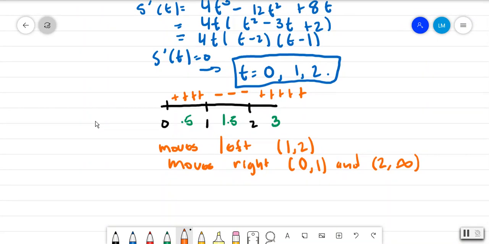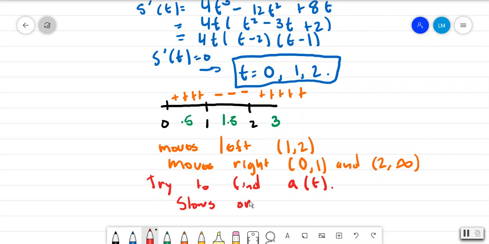So that's something you can try: find the acceleration of the above function and find the intervals where it slows or speeds up.